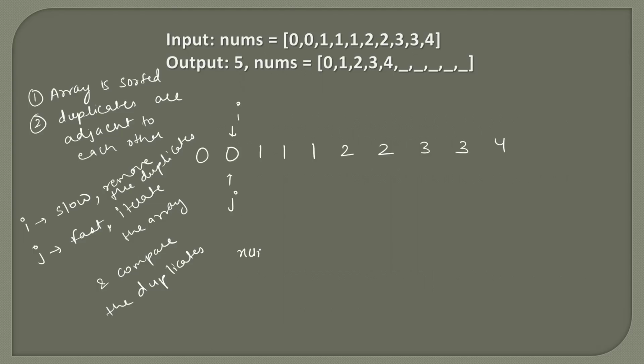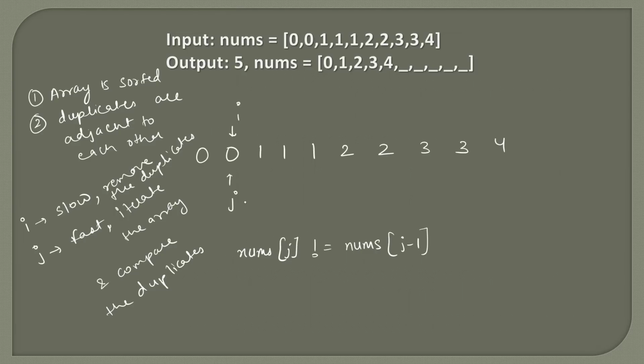So what it does is we simply compare the value at jth index with the value at j minus 1 index. So therefore we have to start from the first index. So as soon as j moves ahead, we simply compare the current element with its previous element to figure out whether they are duplicates or not.